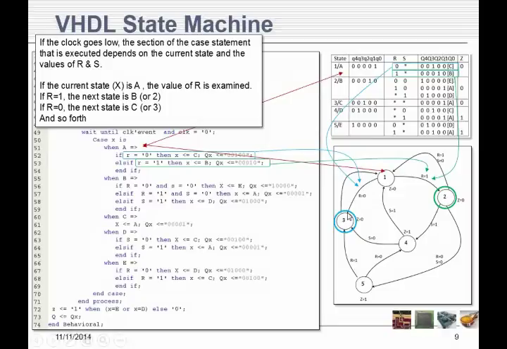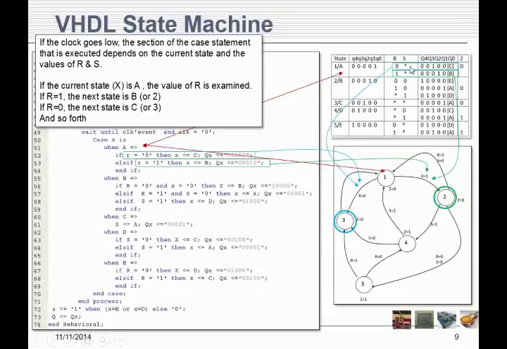I can read it right off this diagram. I don't even need this table. The diagram tells me if R equals 0, then my next state is going to be C, and my state variable, or my flip-flops' value Q, is going to be 0, 0, 1, 0, 0. And that'll get assigned at the end of this process.